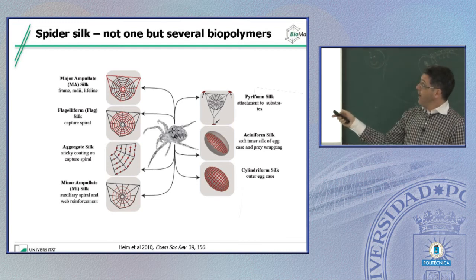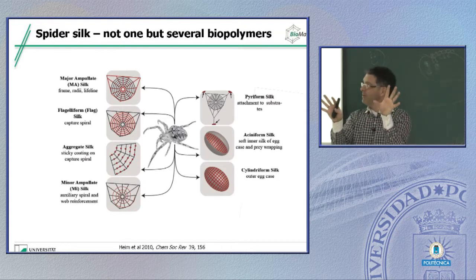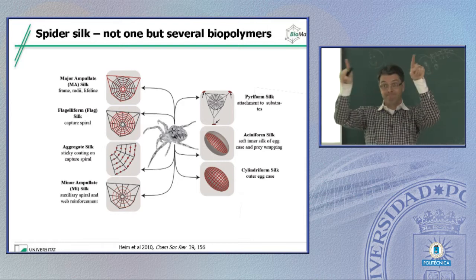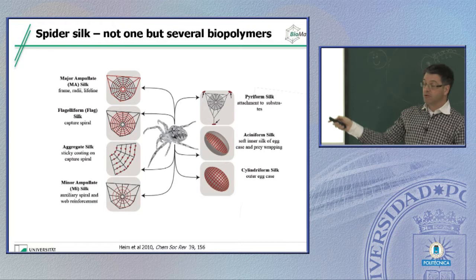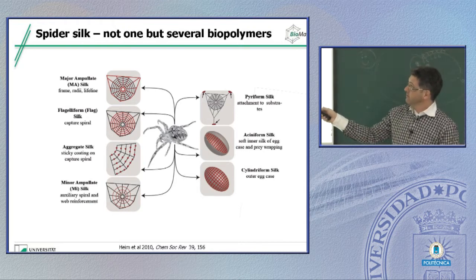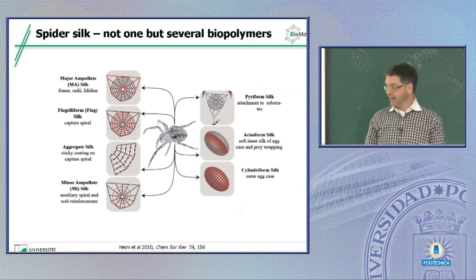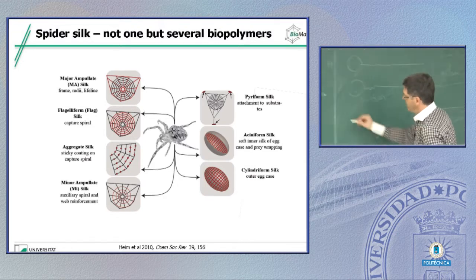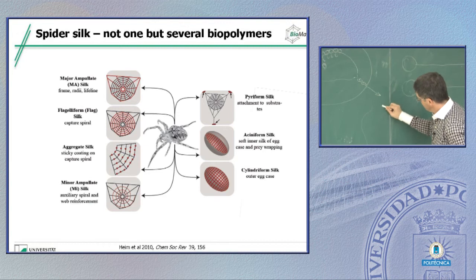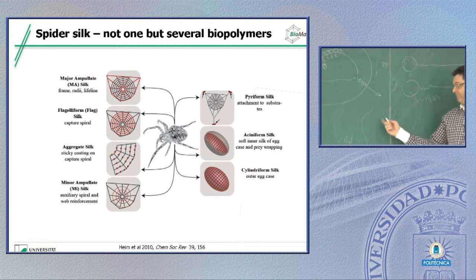Let's start with the web. First, if you watch a spider making a web, it starts making a frame. And for this, it uses a silk that is produced in the major ampullate gland. That's the name of the gland, and the reason is, it looks like an ampulla. It looks pretty much like this. Biologists saw that in the microscope.